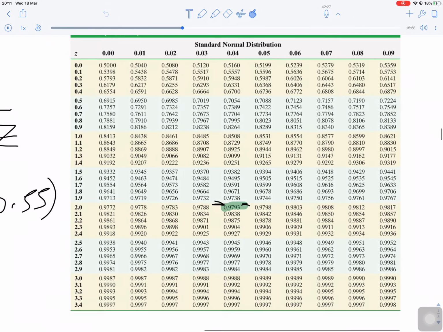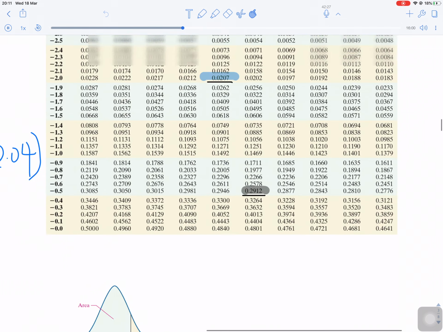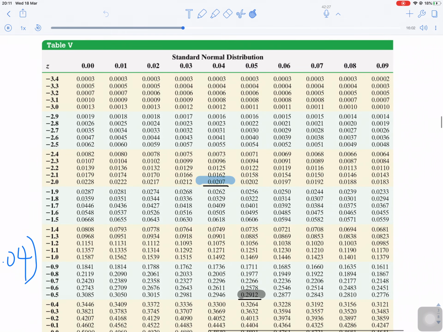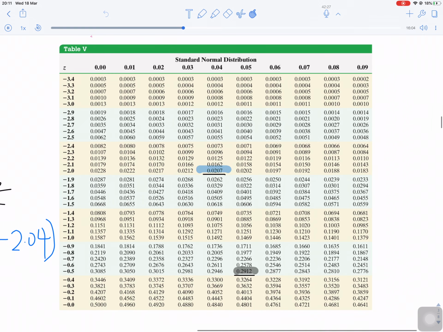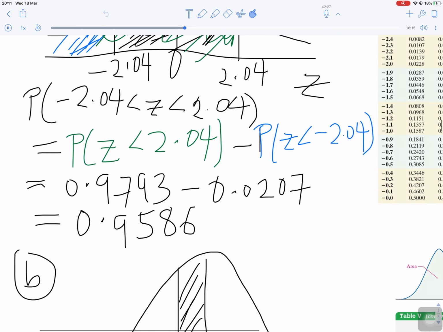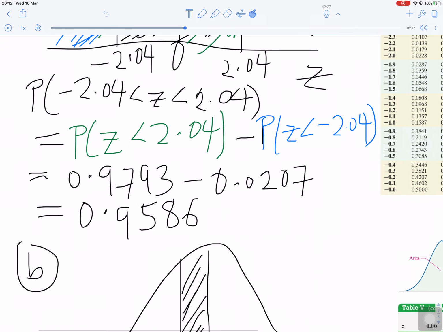For the probability of z less than negative 2.04, from the standard normal table, that gives us 0.0207. And the difference between these two probabilities is 0.9586. So that is for example A.